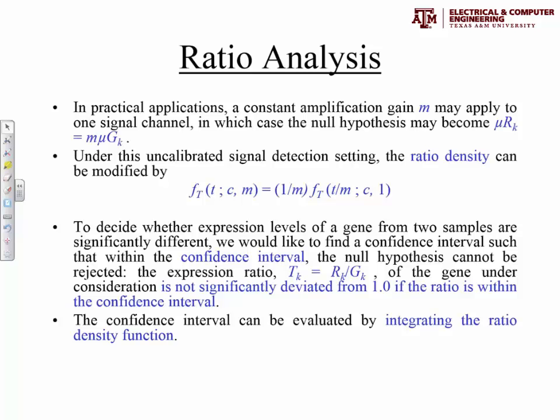So in practical applications, a constant amplification gain M may apply to one signal channel, in which case the null hypothesis will become that the mean of the red will be M times the mean of the green. And under this uncalibrated signal detection setting, the ratio density can be modified as follows. This is nothing like, as an undergraduate, when you took some basic course on probability, you calculated the density function for functions of a random variable.